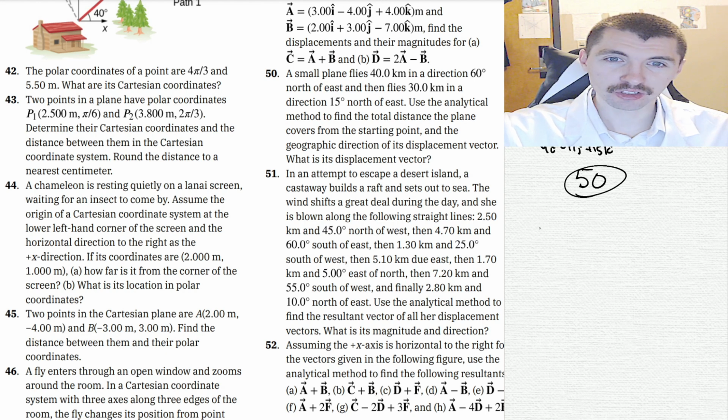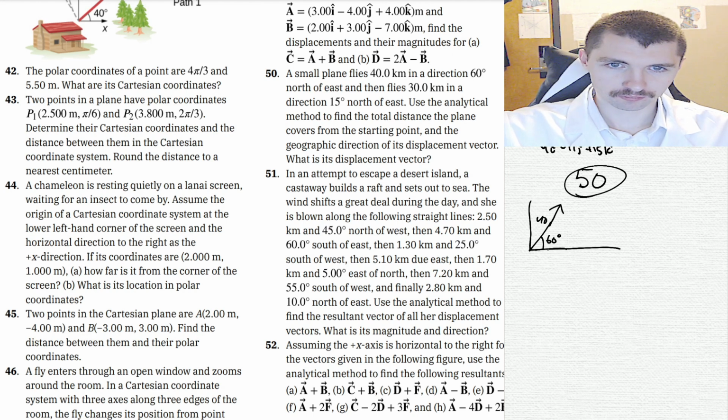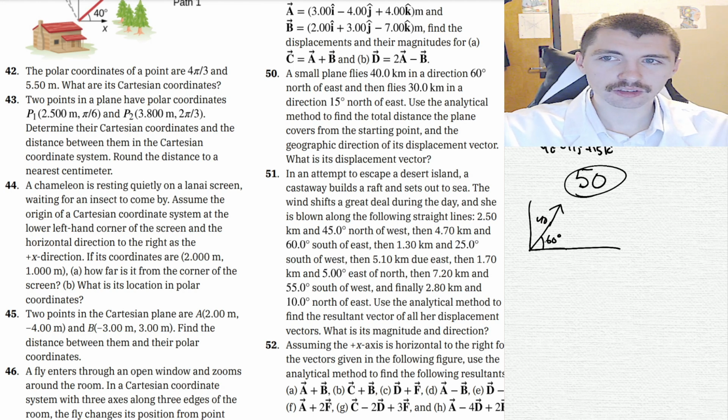Small plane flies 40 kilometers, 60 degrees north of east. So this is east. He's going 60. And then flies 15 degrees north of east. So that's just 15 degrees.